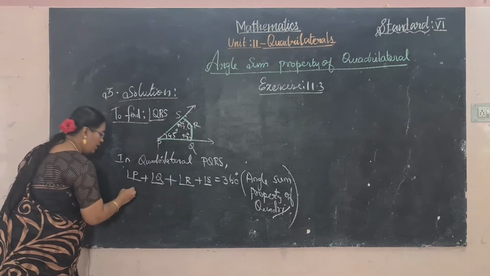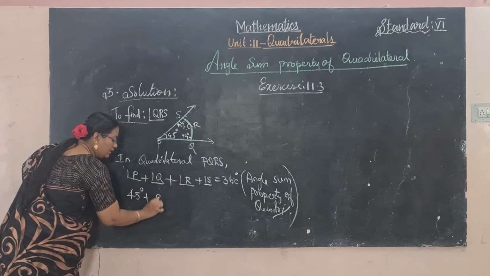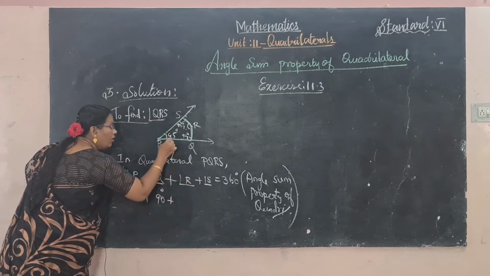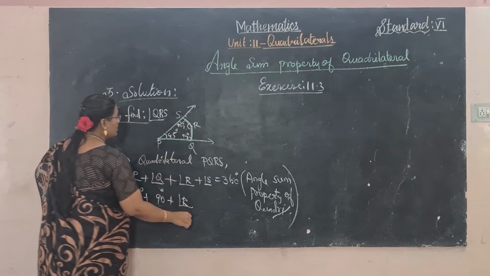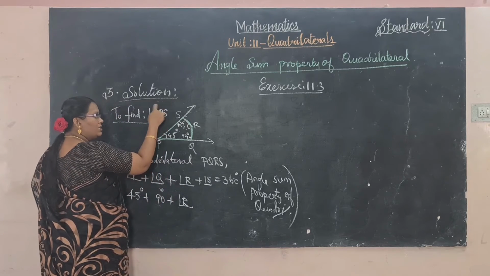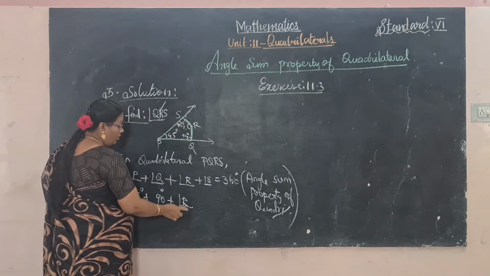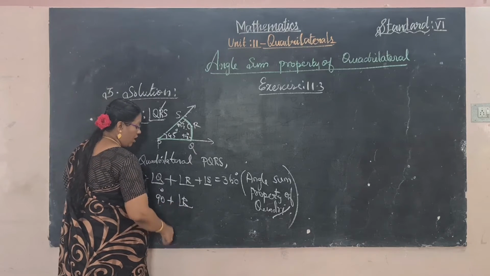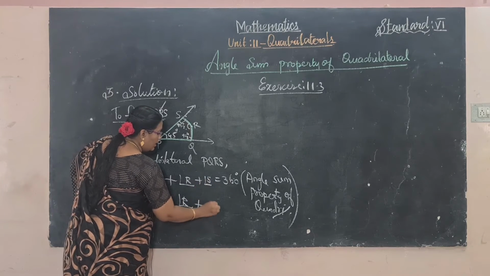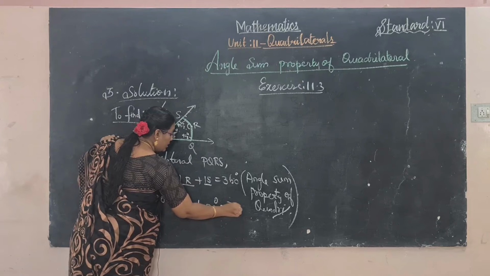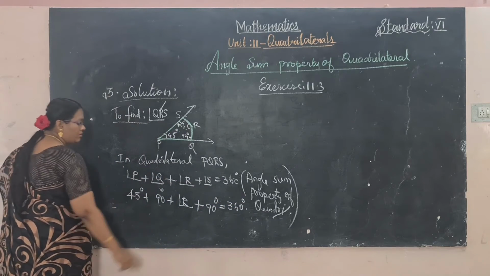Angle P is 45 degree, angle Q is 90 degree, angle R we don't know, we have to find it, and angle S is 90 degree, equal to 360 degree. What is meant by QRS? The middle term represents the angle, so that angle is R. Now add these three values.